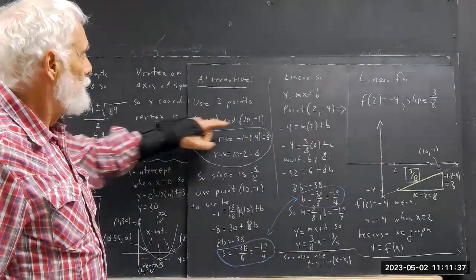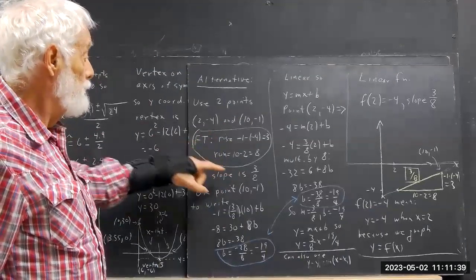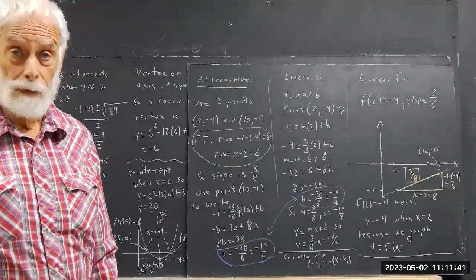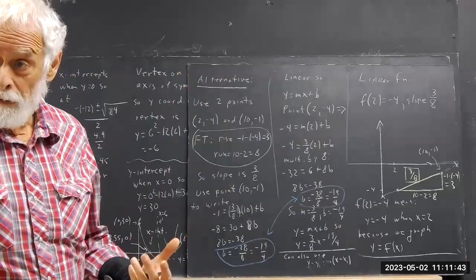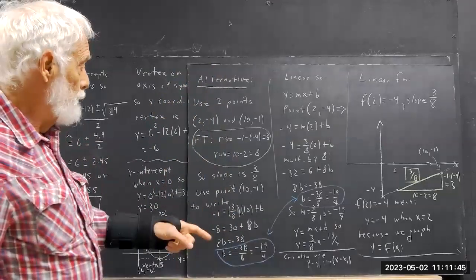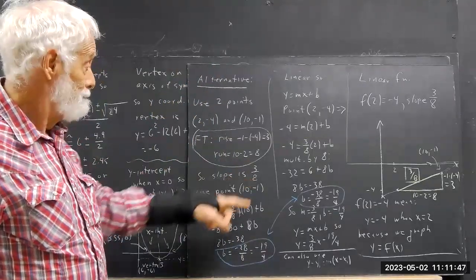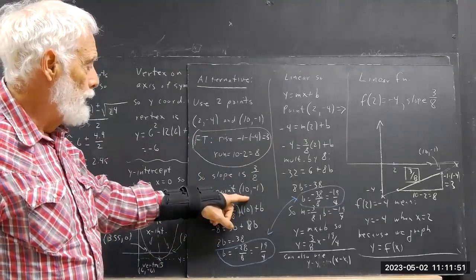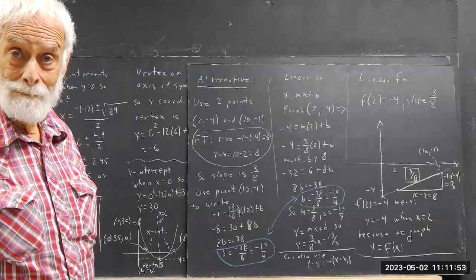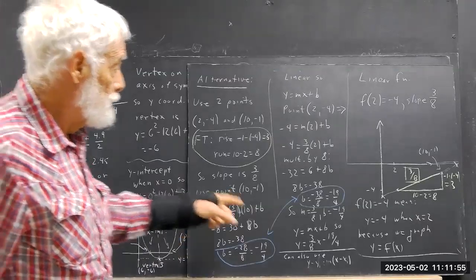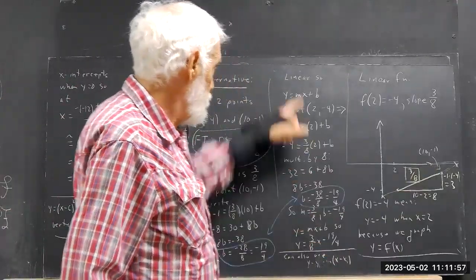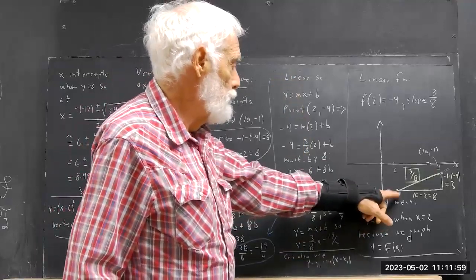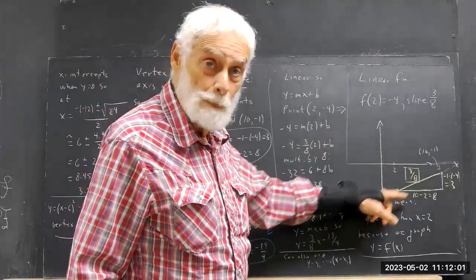So anyhow, if you're just given these 2 points, you would use a fundamental triangle or the equivalent, rise over run, whatever, and you would find that the slope is 3/8. Right there, I've calculated. Then we could use the point 10, -1, and I chose to use 10, -1 because I already did this with the point 2, -4. I'm going to repeat that.